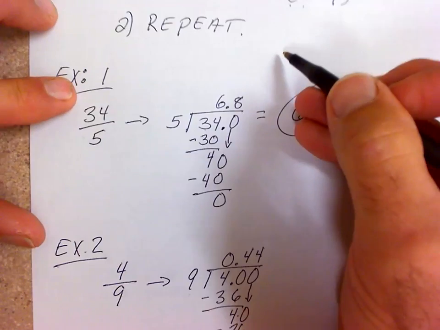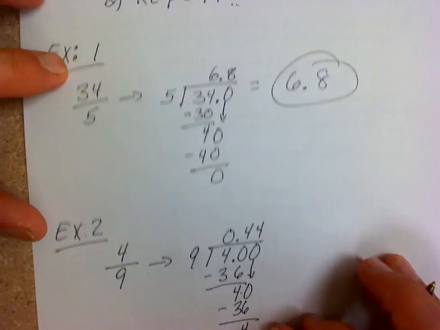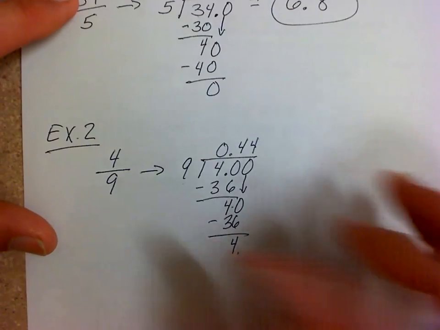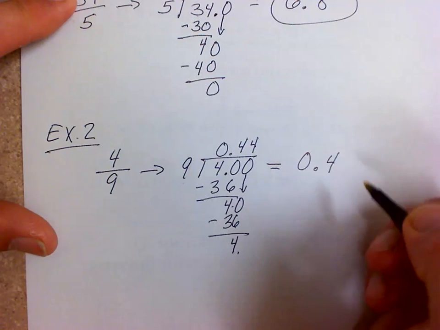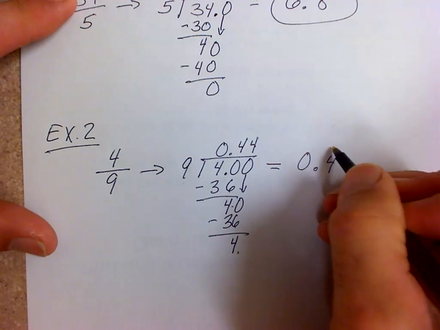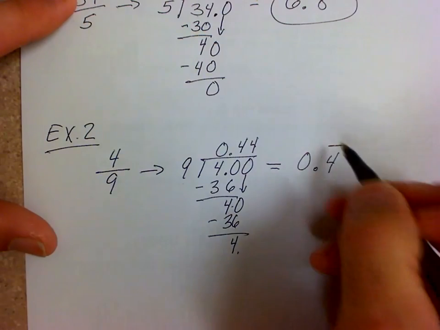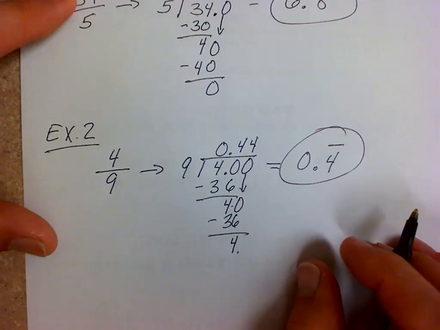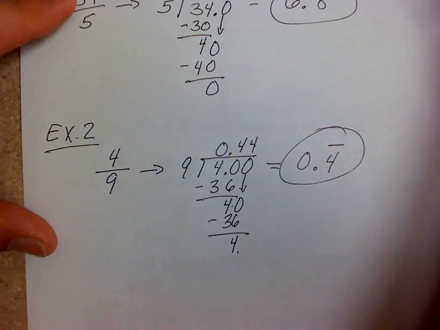We've got some values that are starting to repeat. Okay, so we can stop here because that's one of our two conditions. So we would represent this as 0.4, and to indicate that it repeats, we put a bar over the top, which represents 4 repeating. So there are two of the examples that we've done in class today.